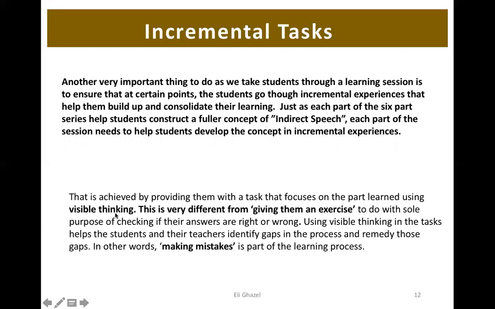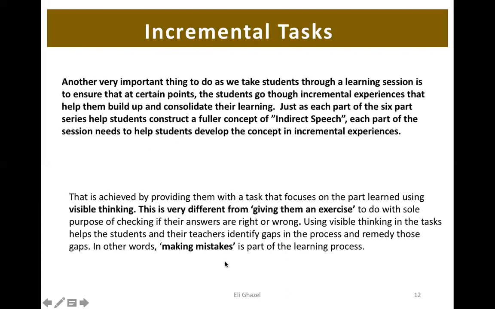We will use visible thinking in a task and focus on that part learned, which is very different from the traditional giving them an exercise, because most of the time an exercise is given to the students with the sole purpose of checking if their answers are right or wrong. But by using visible thinking in the task, the teachers can identify the gaps in the process and remedy those gaps before it's too late.